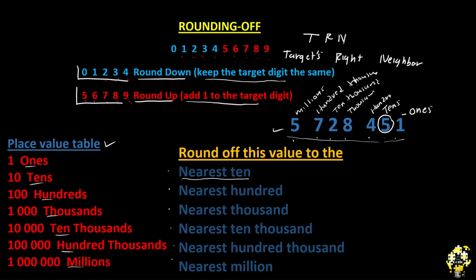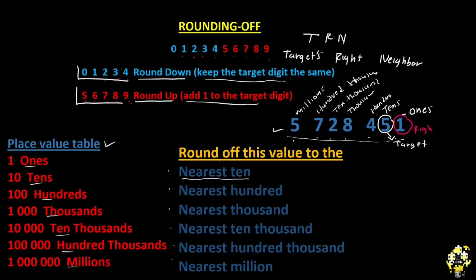Hence, I wrote tens, to the nearest 10. This is the target. Now I see what you were talking about when you say this is the target. Now the question is, who is the target's right neighbor? Well, you simply have to go to your right. The target's right neighbor, I'll have him in pink. This here is the target's right neighbor.